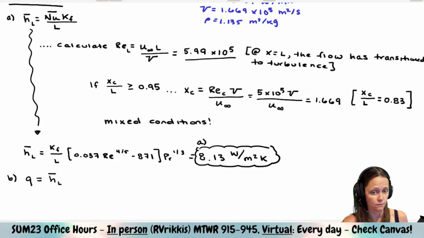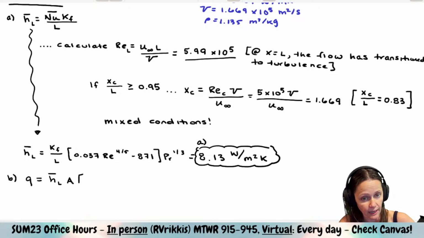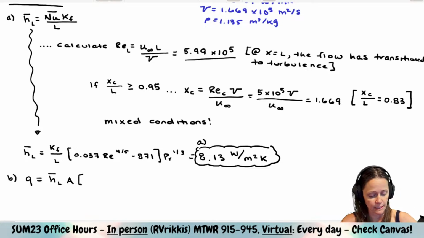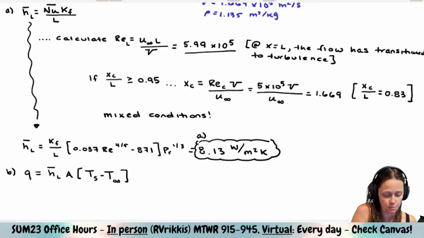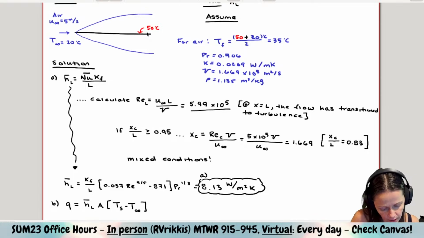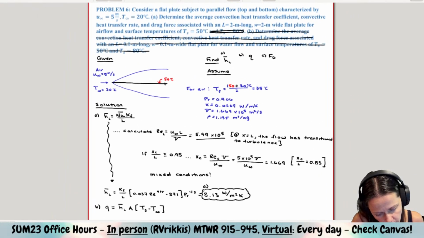So it's going to be the average heat transfer coefficient times my surface area, times the surface temperature minus T infinity. And now we have that h bar. Our area, I think that was given to us. Yeah, it's 2 meters by 2 meters.